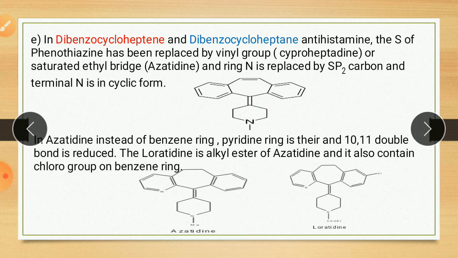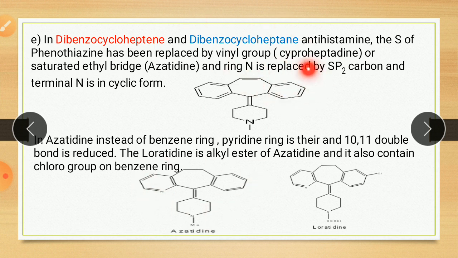And the last one is that the terminal nitrogen is in cyclic form. This type of compound is called dibenzocycloheptene because it contains a double bond, heptene, and azatadine is an example of dibenzocycloheptane.